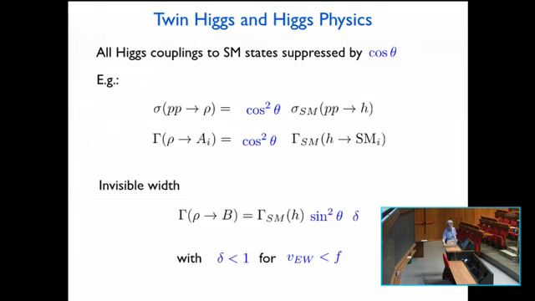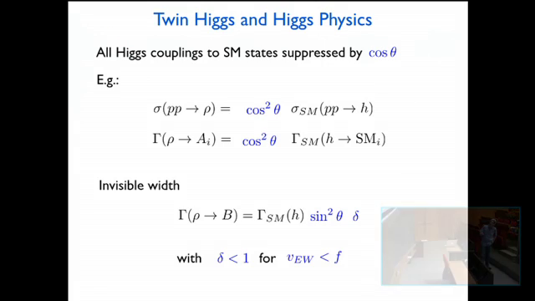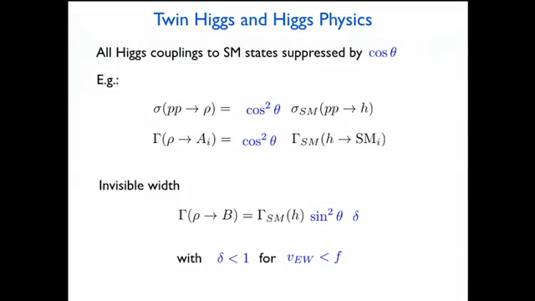In the identical twin model, as I said, all Higgs couplings to the standard model states are suppressed by this cosine of v over f. In this way, for example, if rho is the Higgs, the radial state, our Higgs in the twin Higgs model, then the production with respect to the standard model and the decay to our sector states, W's, Z's, b's, etc. are suppressed.